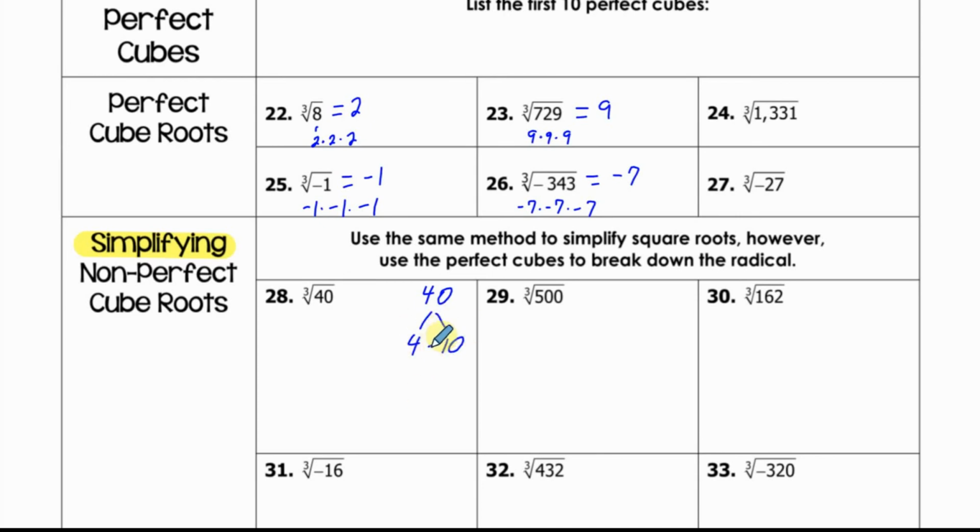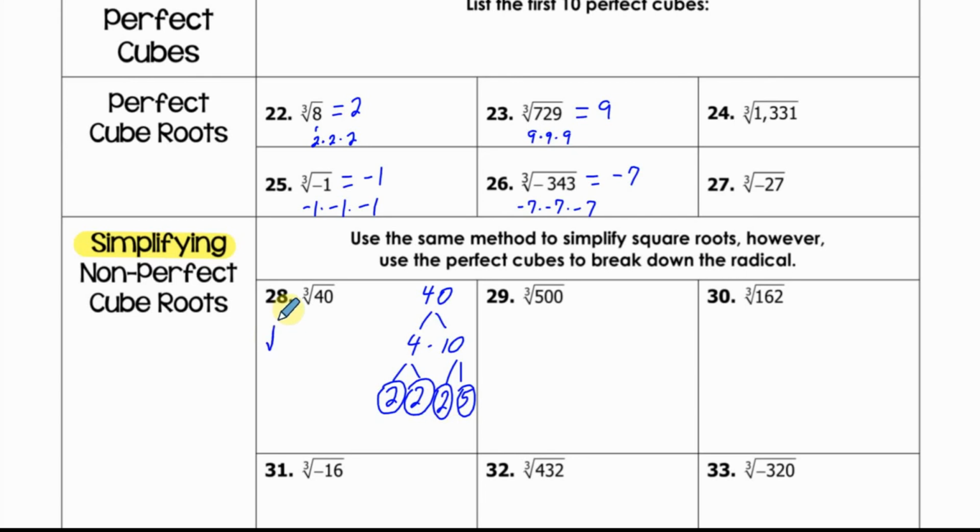Okay. Both of these can be broken up some more. The 4 is 2 times 2. Can't break up the 2's. 10 is 2 times 5. Can't break up the 2. Can't break up the 5. So here we go. 3 2's and a 5.